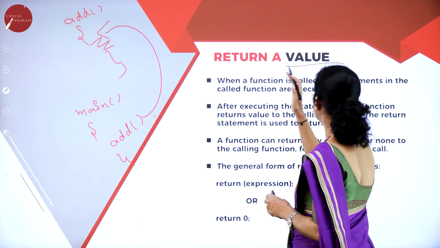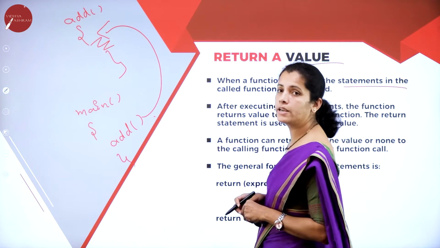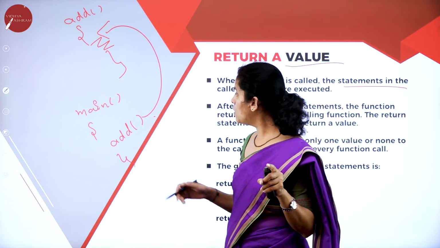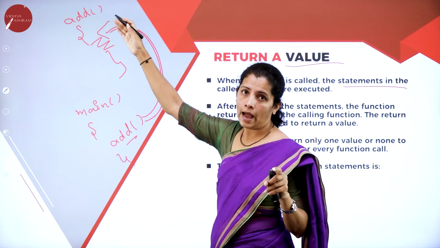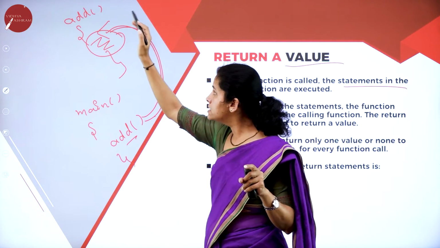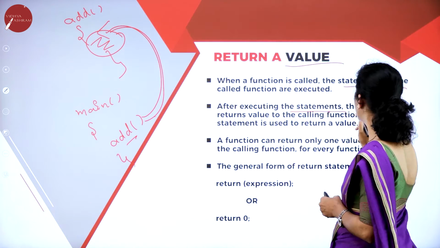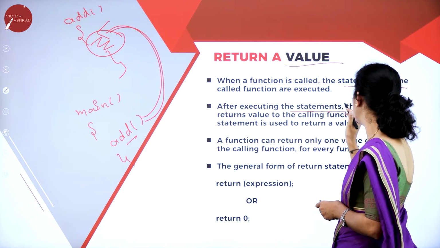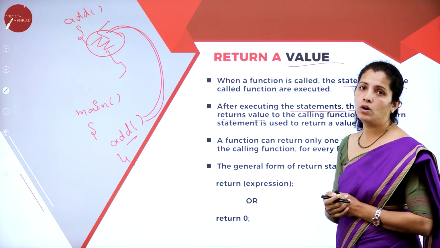So when a function is called, the statements in the called function are executed. When I call the add function, the control is transferred to the add function, and the statements present inside this function get executed. After executing the statements, the function returns a value to the calling function.